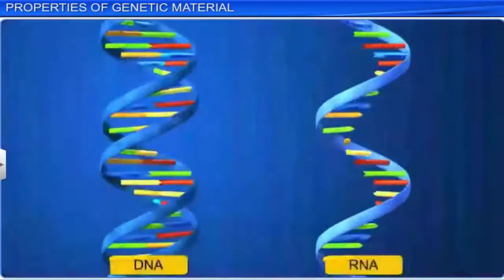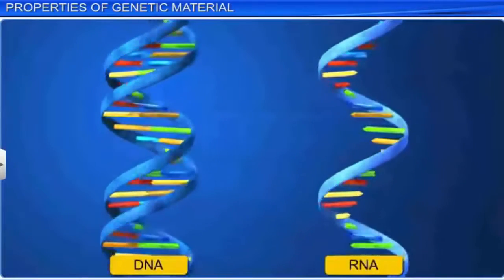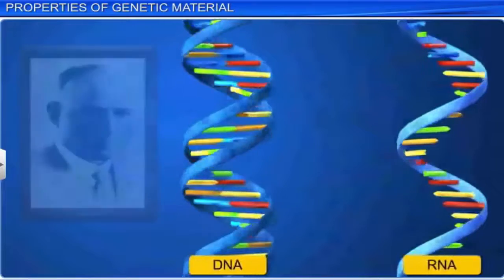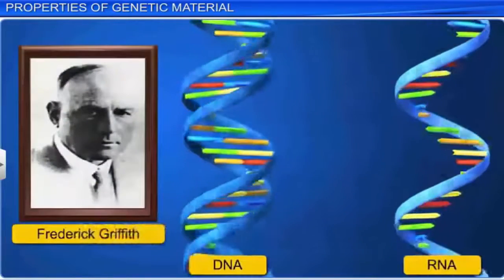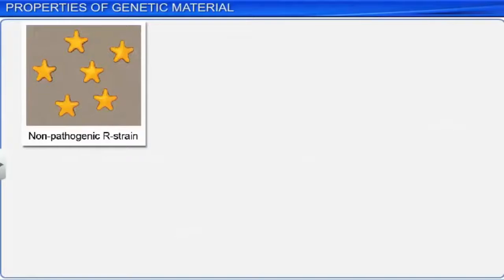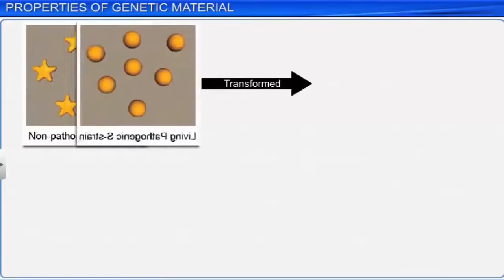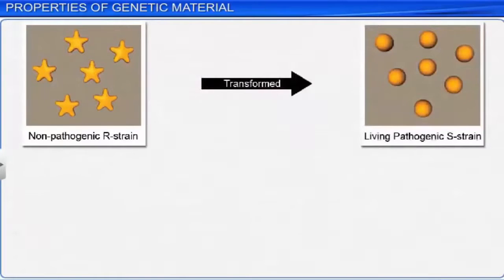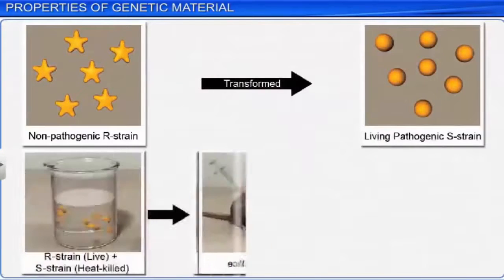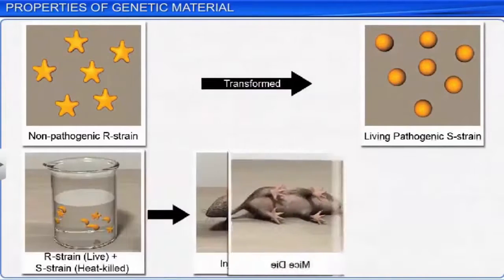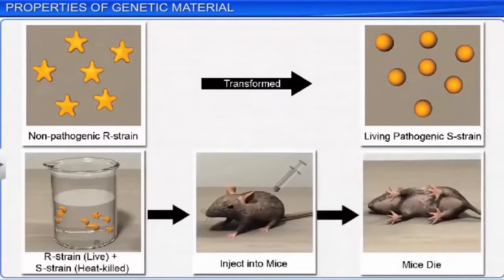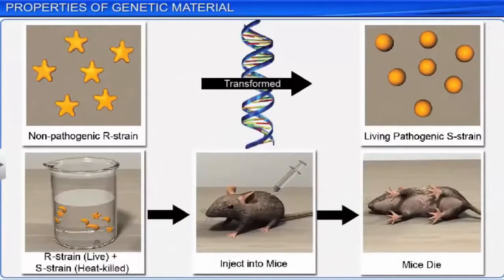Of the two nucleic acids, it was DNA that played a part in Frederick Griffith's experiment, where R-strain bacteria had been transformed to living S-strain. However, though the transformation killed the mice, it had not changed the properties of the DNA.